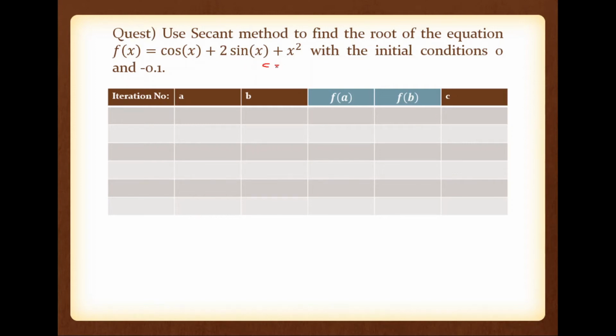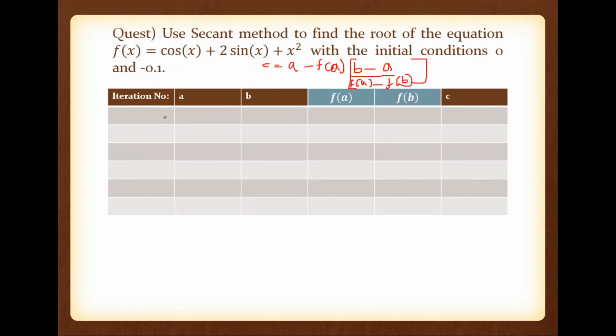C is equal to A minus f of A into B minus A divided by f of A minus f of B. We are going to use this equation to find C.